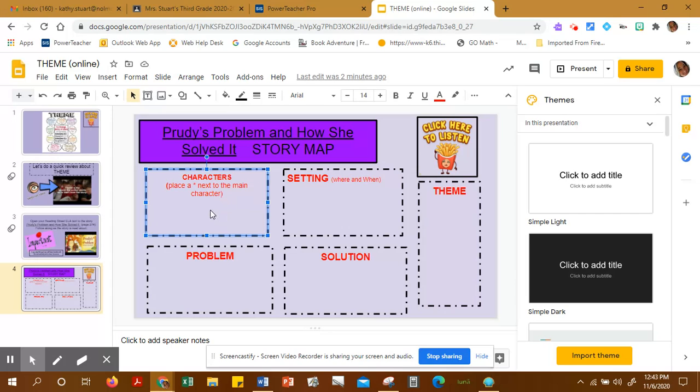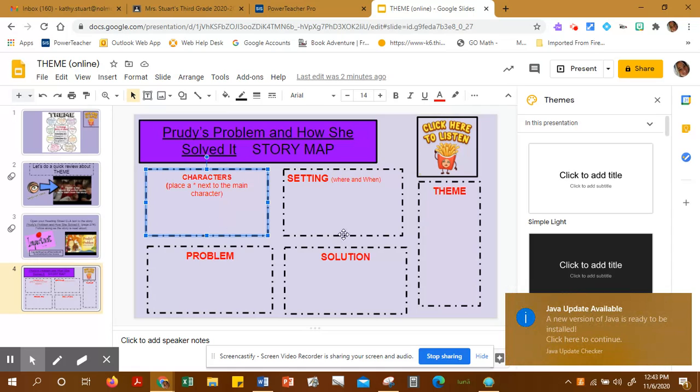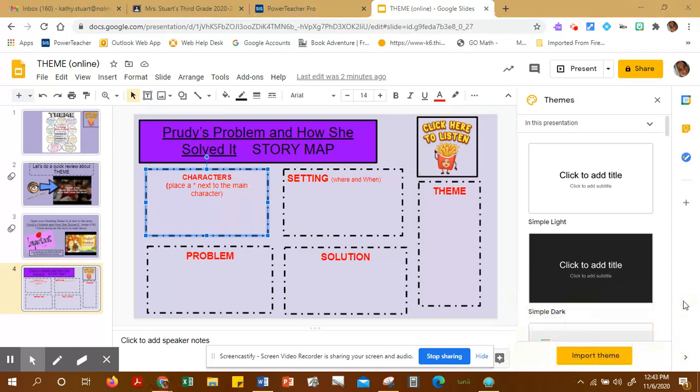So let's concentrate on the people or the animals. In this case, we don't have any main character animals that are important to the story. Who were some of the important characters in our story today? If you're not sure, look back in the story to help yourself find them.